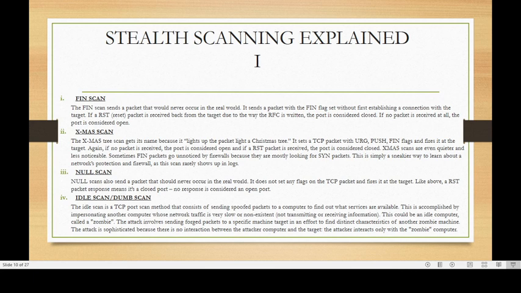There is no interaction between the attacker computer and the target, as the zombie computer acts as an intermediate. Hence, the attacker benefits from an IP-based relationship between the target machine and the zombie, and he remains completely invisible to the target host.